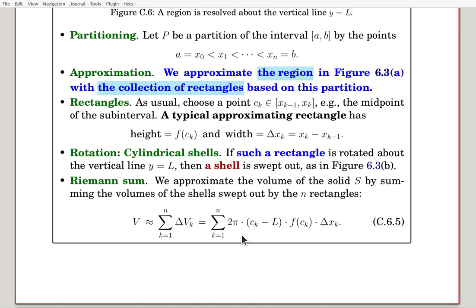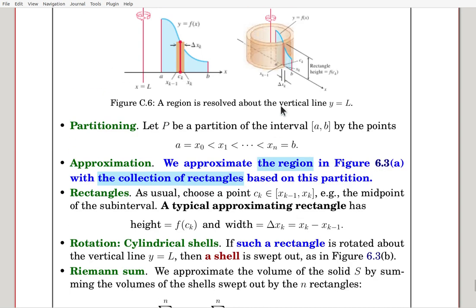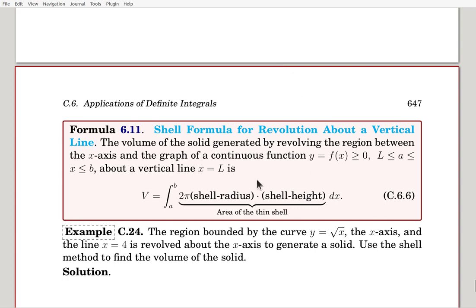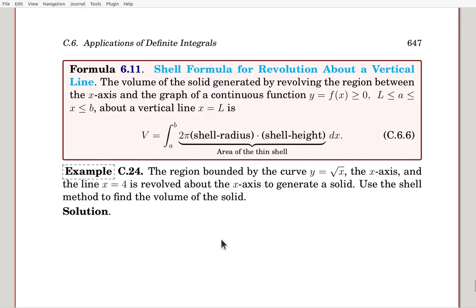Now we make the partition with more subintervals and take the limit. Then that will be the volume. In this technique, we are using shell volume.